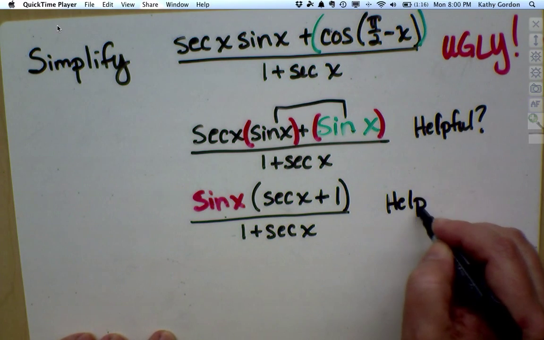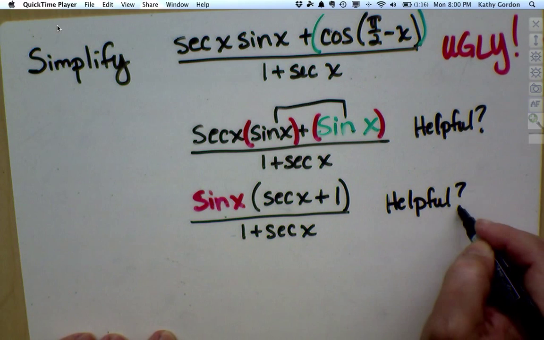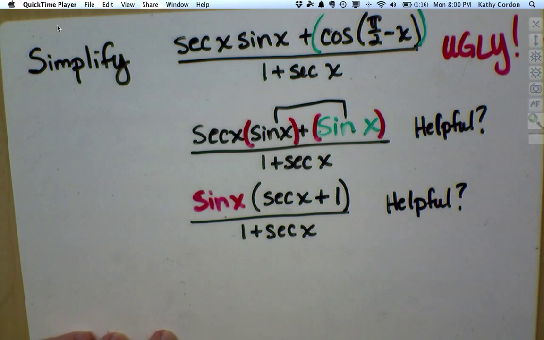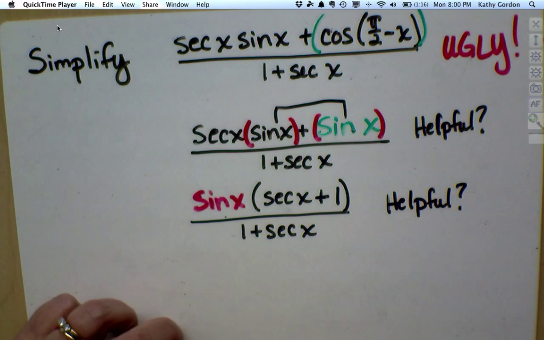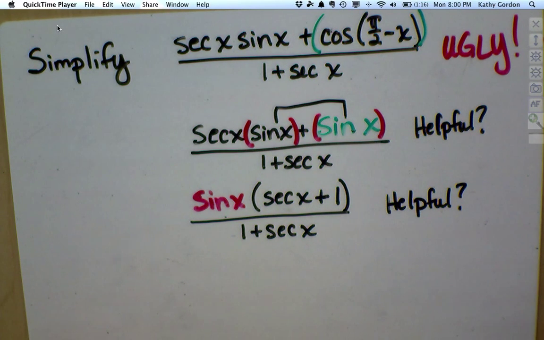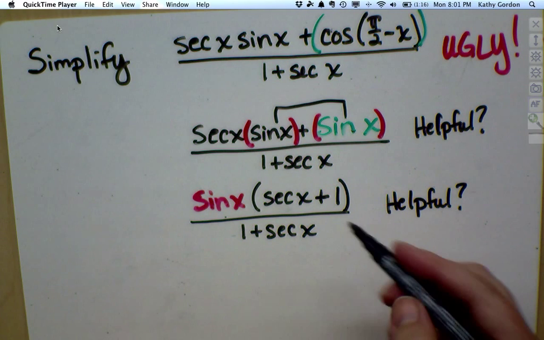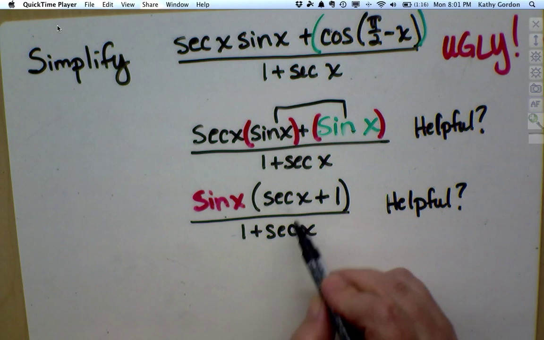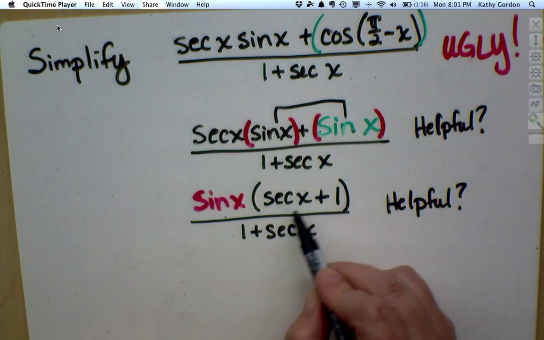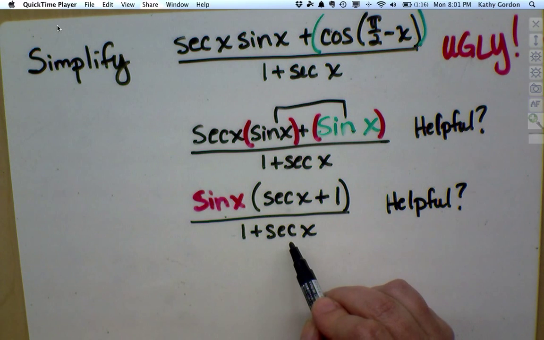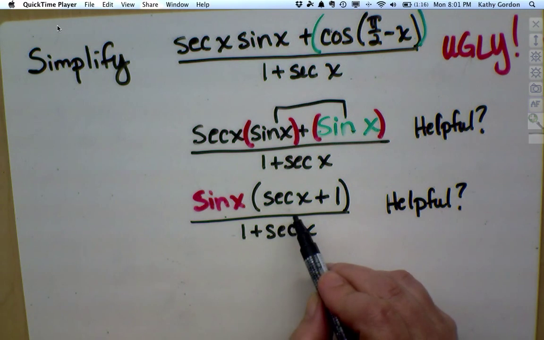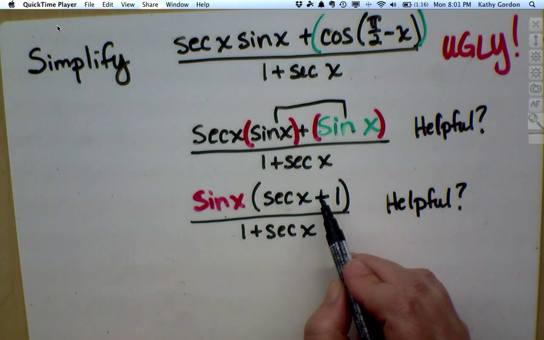Does that seem helpful? Absolutely, because now look what happens in my numerator and my denominator. I now have a common factor of secant x plus 1. Because it's addition, the order does not matter.